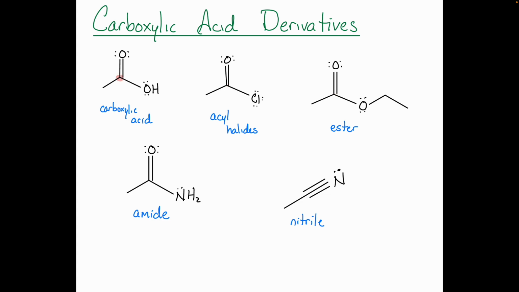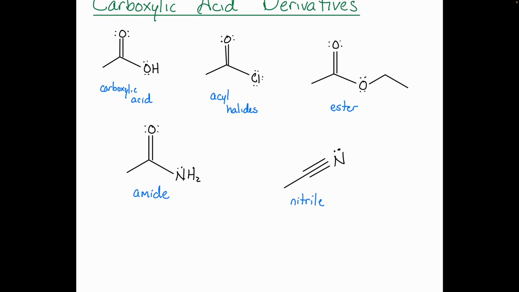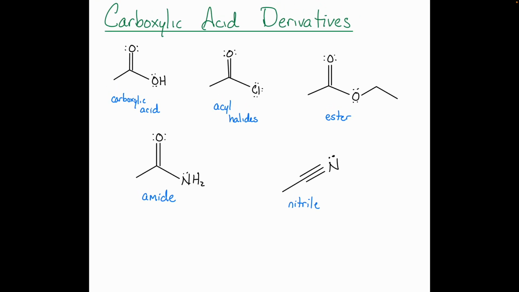So that's why we put nitriles into this same category. And we're going to be talking about these functional groups. What we're going to see is we can easily convert some of these into other functional groups, but it's hard to go backwards to convert others. So these carboxylic acid derivative conversions are going to be a big topic of this chapter.